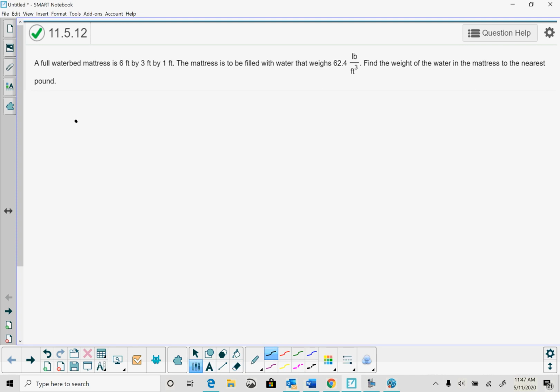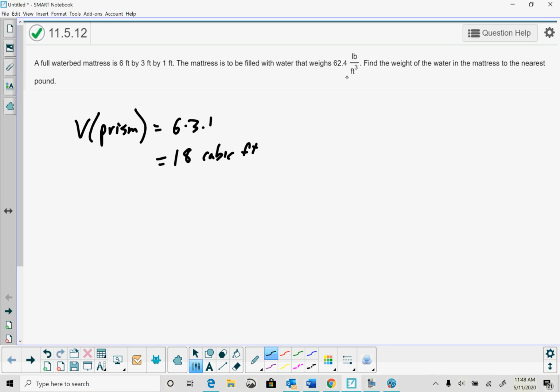All right, so we have volume here. We need to calculate that in terms of cubic feet first. Most of the time, a mattress to me looks like a right rectangular prism. And again, for something that simple, it's a box. Length times width times height. So 6 times 3 times 1. It has a volume of 18 cubic feet.